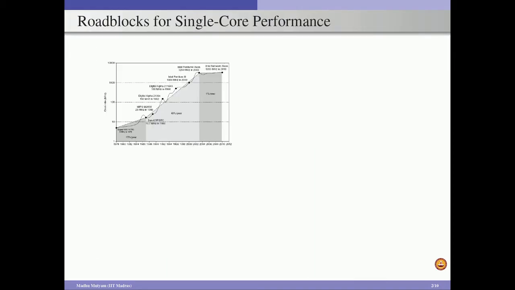The superscalar processors we discussed earlier correspond to a single core system. Even the multi-threading systems we considered are part of single core systems. With a single core system, the performance we get is not increasing significantly for various reasons. One of the main contributors to performance improvement for single core processors is frequency scaling.